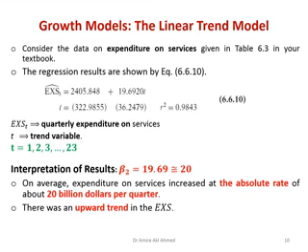Based upon these results, we could say that over the period starting from the first quarter of the year 1993 to the third quarter of the year 1998, on average expenditure on services increased at the absolute rate of about $20 billion per quarter. In other words, there was an upward trend in the expenditure on services.